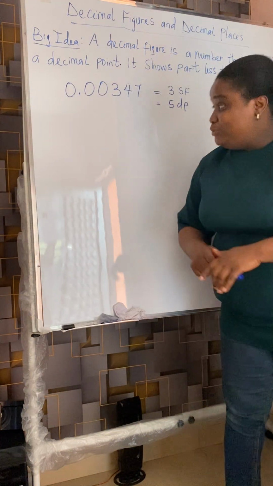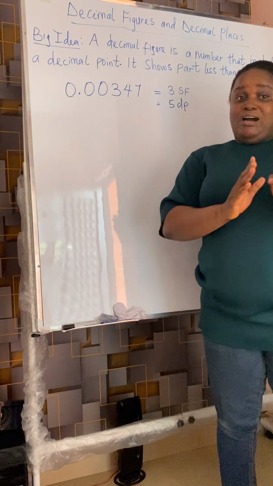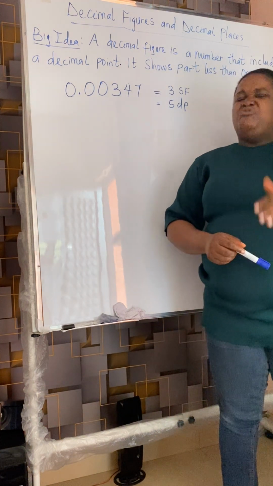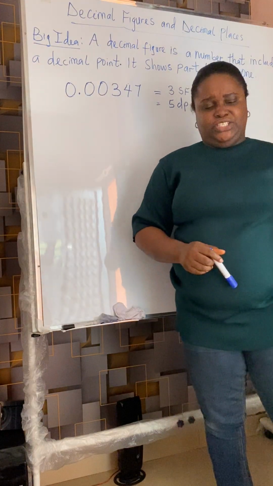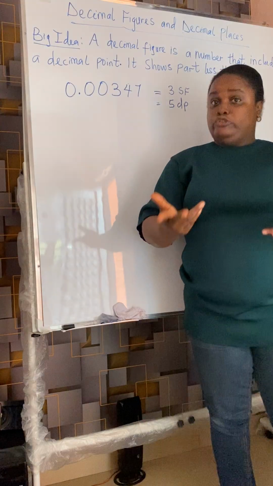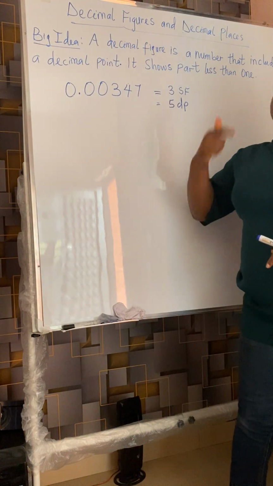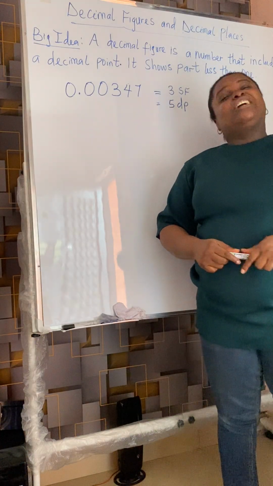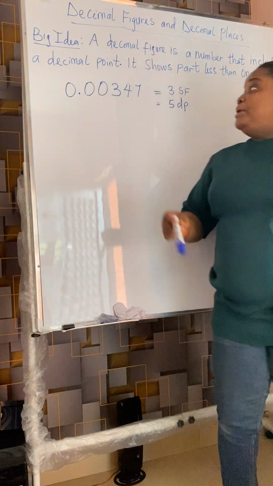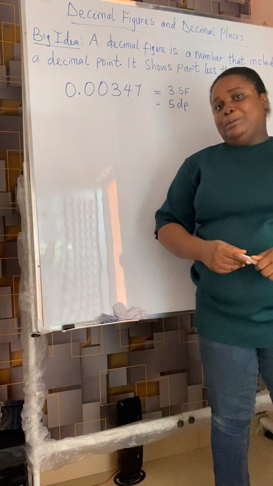A lot of us mix this thing up, especially our third, fourth, and fifth graders. Let me shield the third graders from this, because in some schools they don't do this until they get to fourth grade. Please take note that in most cases, in fact almost always, the number of significant figures does not translate to the number of decimal places.